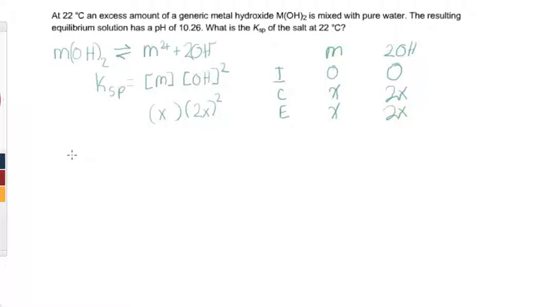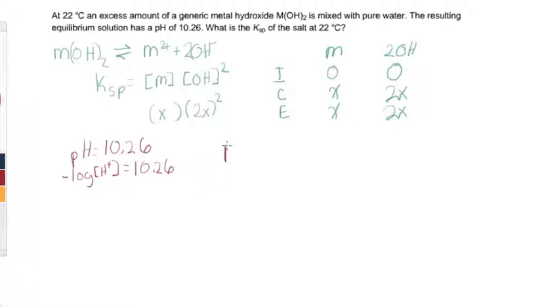So they give you that the pH equals 10.26. Okay. What does this mean? It means the negative log of the hydrogen concentration equals 10.26. Now, we don't want to deal with hydrogen, we want hydroxide.